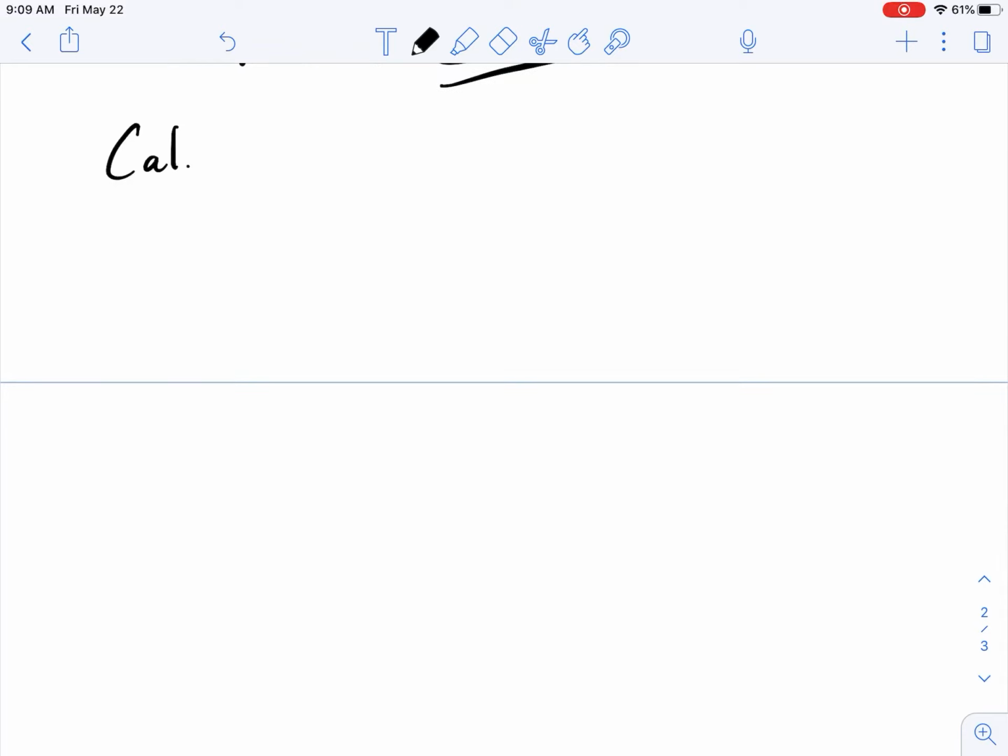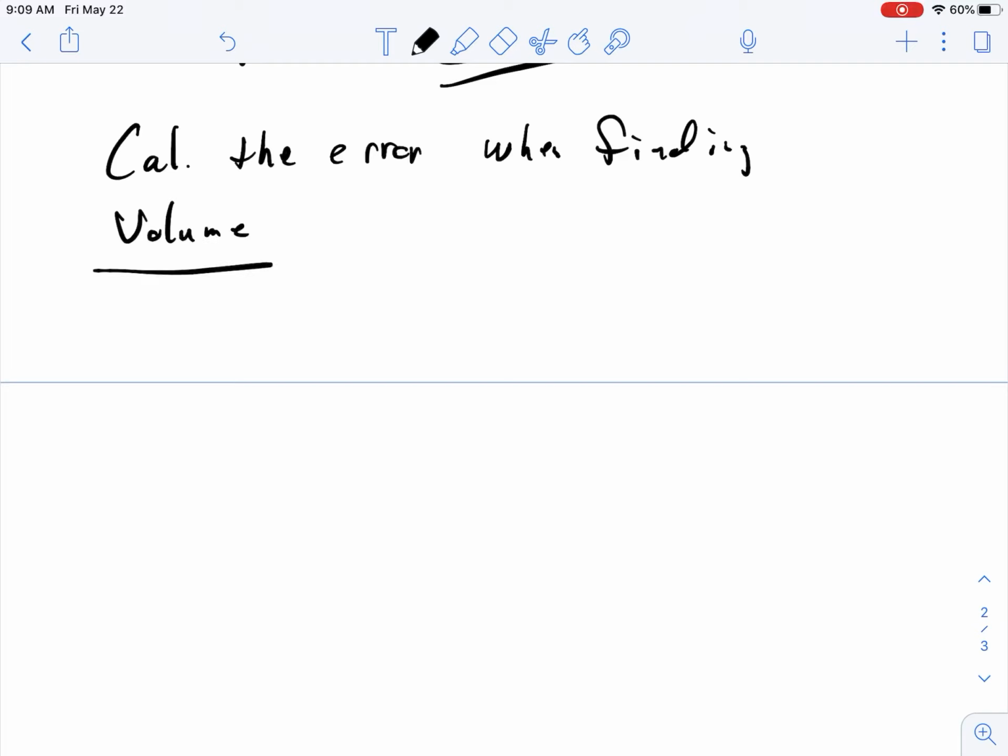All right, so let's say I want to calculate the error when finding volume. Last year you did, let's say, volume equals pi over 3 r squared h, and you did different things in terms of related rates with this, volumes, things like that.